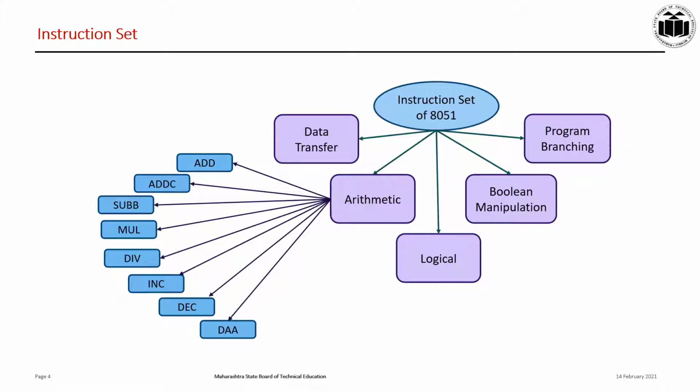The carry flag, auxiliary carry, and overflow flag are affected based on the result of arithmetic instructions. In 8051 microcontroller, there are 24 different instructions under the arithmetic group. So we will discuss one by one.